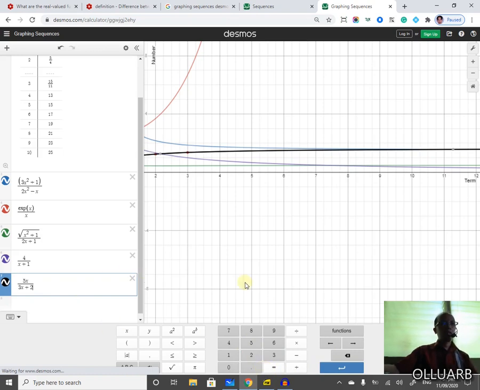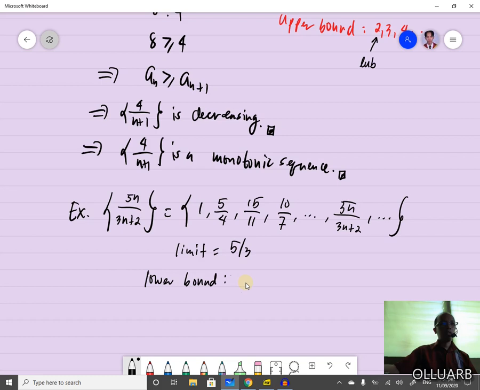So we have the black one. So the lower bound is this one. It could be 1, 0, or 1/2, 1/4, 3/4, 0, -1, -2. So that is the lower bound.